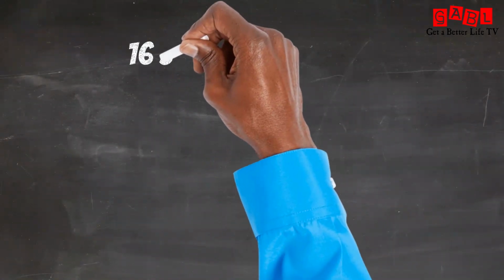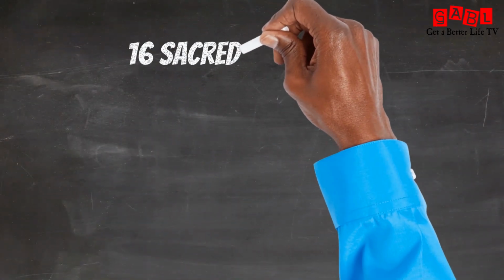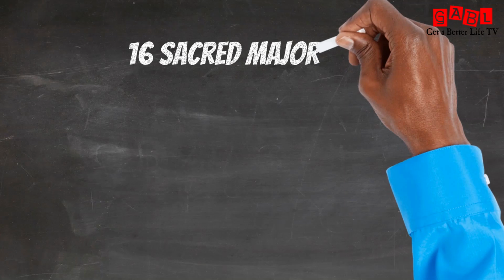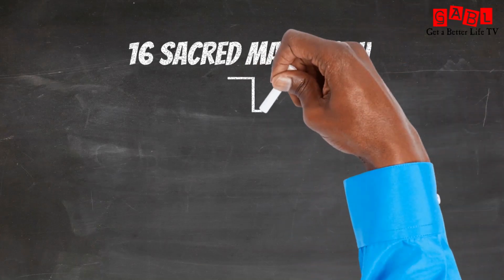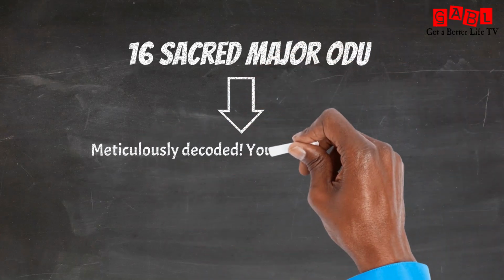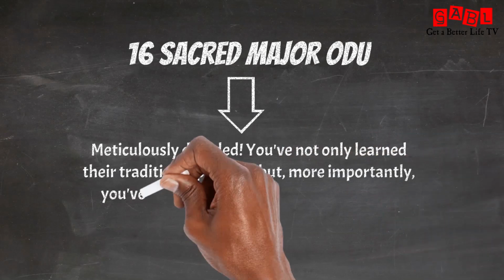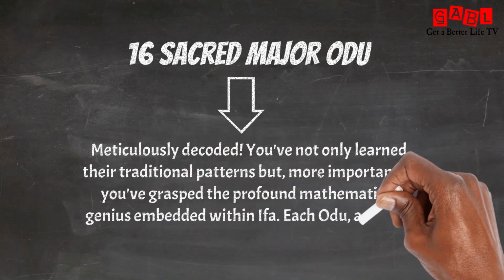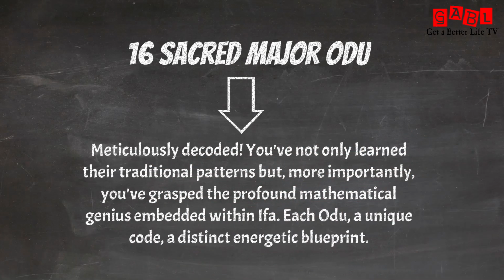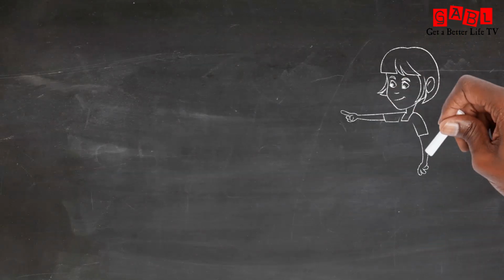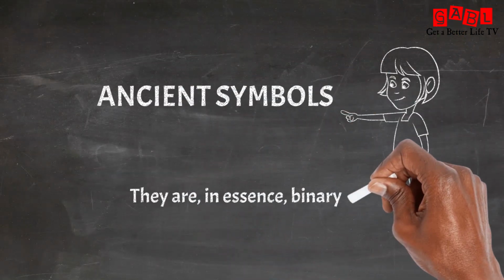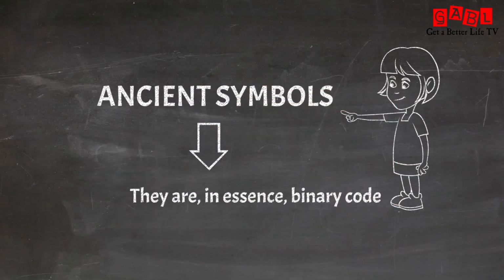And there you have it, the 16 major Odu, meticulously decoded. You have not only learned their traditional patterns, but more importantly, you have grasped the profound mathematical genius embedded within Ifa. Each Odu, a unique code, a distinct energetic blueprint. As you have seen, these patterns are not just ancient symbols, they are in essence binary code.